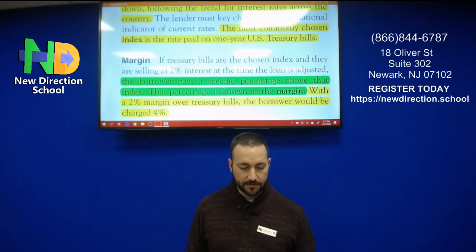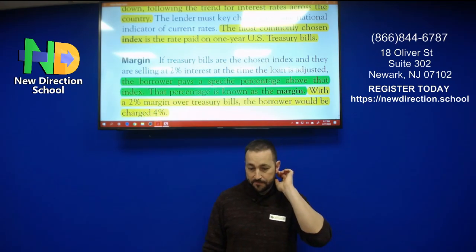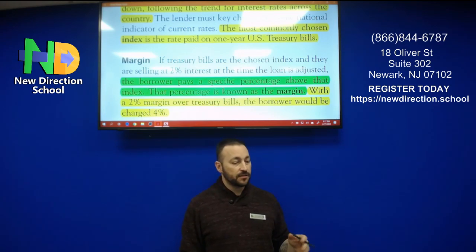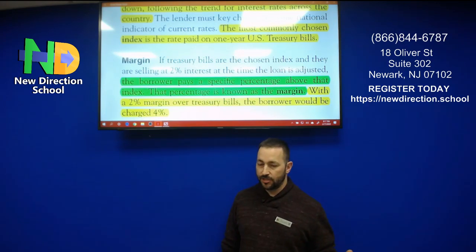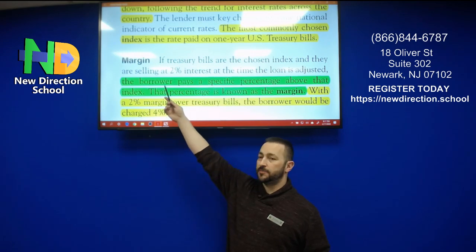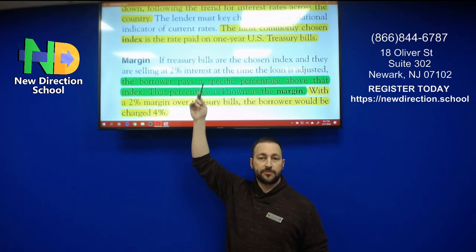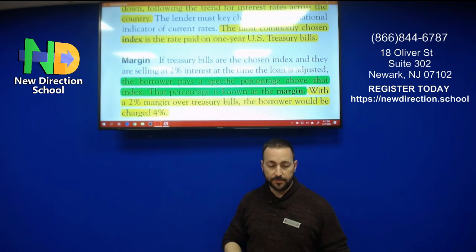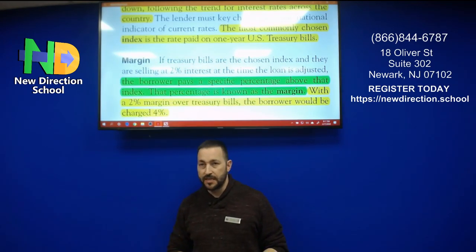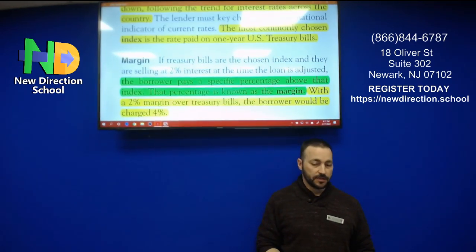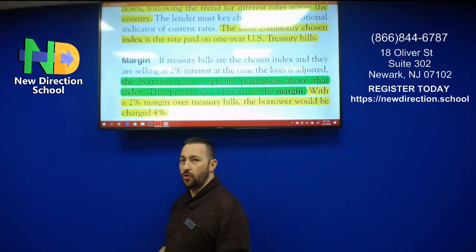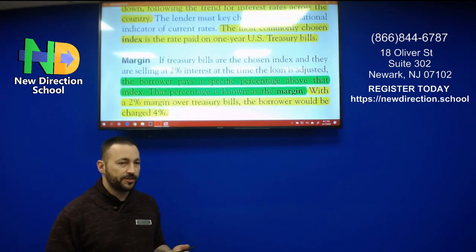Because it says right here that if treasury bills are the chosen index, and they're selling at 2%, then at the time the loan is adjusted, the borrower pays, please highlight, underline, put a star, the borrower pays a specific percentage rate above that index. And this is called margin. So with a 2% margin over the treasury bills, the borrower will be charged 4%.